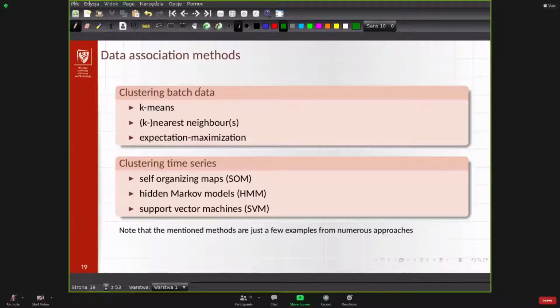Okay, so generally the idea in clustering is you have certain classes of objects and you have a lot of samples.